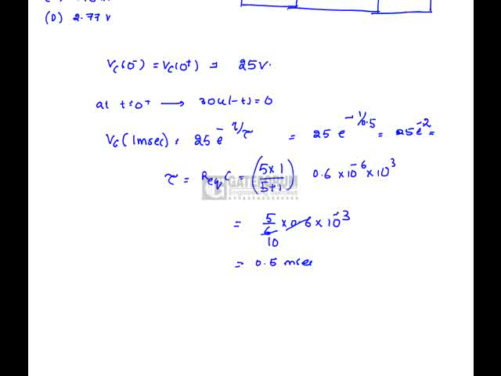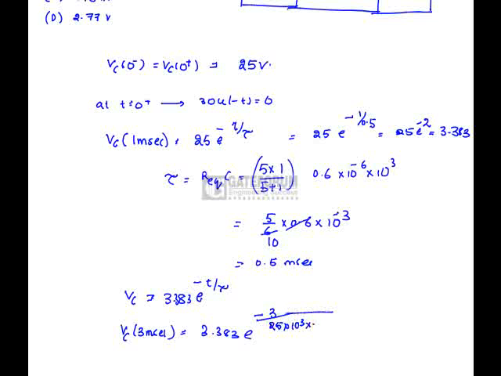which is equal to 3.383. Now Vc is 3.383 e power minus t by tau. Now Vc of 3 milliseconds is 3.383 e power minus 3 divided by 25 into 10 power 3 into 0.6 into 10 power minus 6.